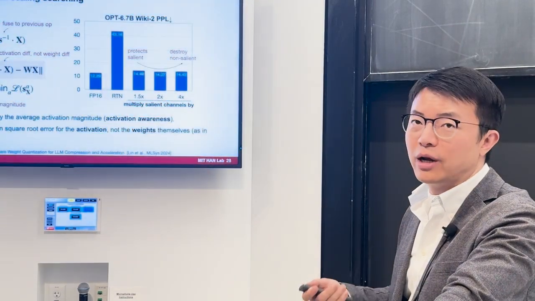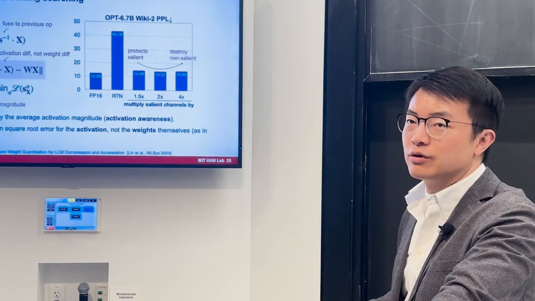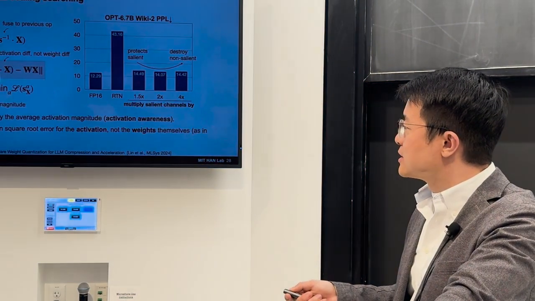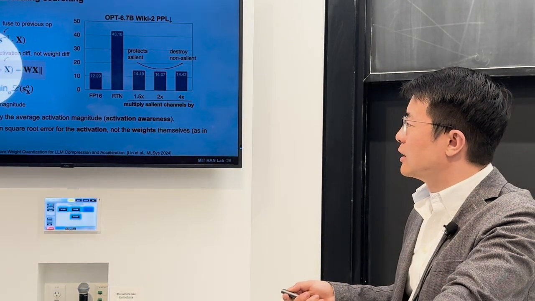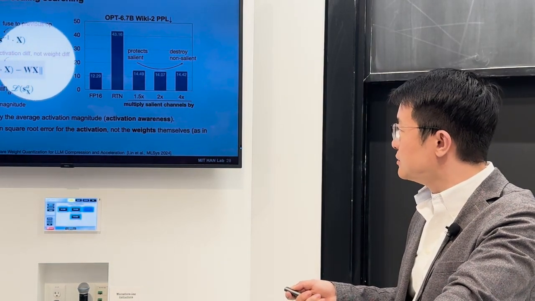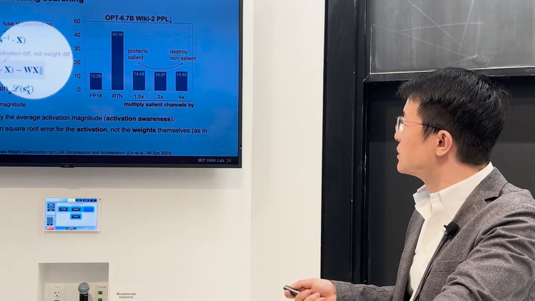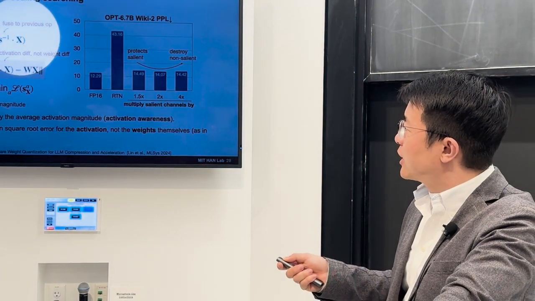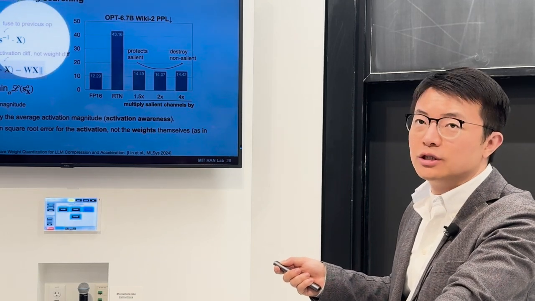Alpha is a hyperparameter we can search from 0 to 1. And we want to minimize the difference between the scaled weight-times-activation and the original WX. And here the s to the power of -1 can be fused into the previous operation.